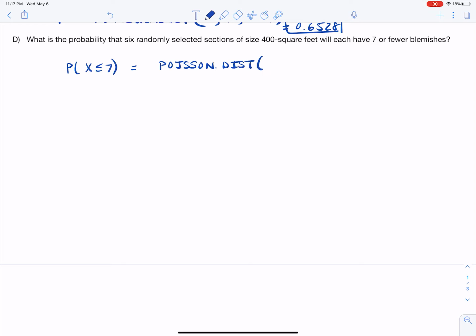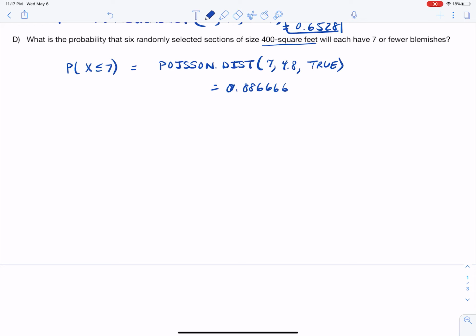So first comes the number of successes that we're going up to, and that's 7. Our mean rate is back to 4.8 because we're talking about 400 square feet again. And this time it is true because it is cumulative. I'm rounding to a few more decimal places here because we're going to be doing more calculations with it. So we want to preserve some more accuracy here. So there's that probability.